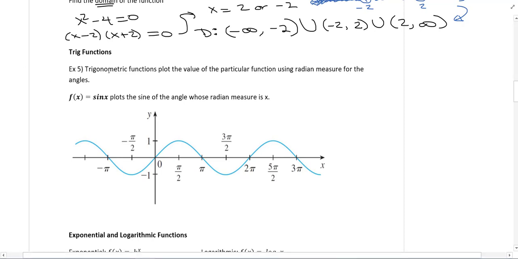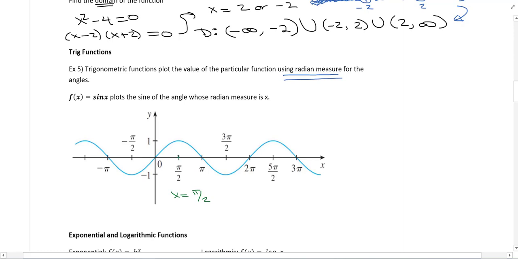So trigonometric functions plot the value of the particular function using radian measure. So that's really important. For example, f of x equals sine x plots the sine of the angle whose radian measure is x. So if I pick x equals pi over 2 here, that's the radian measure, that's my angle.